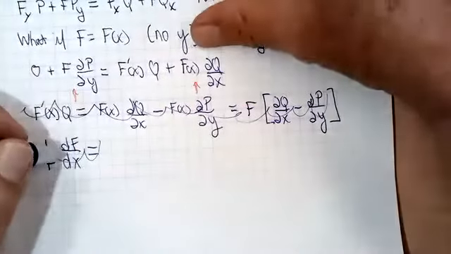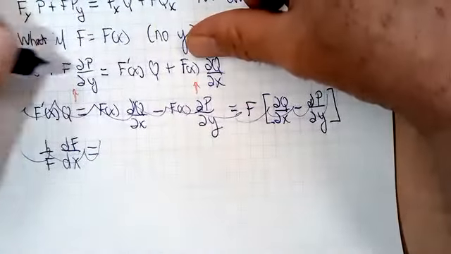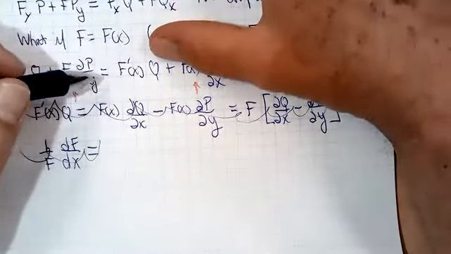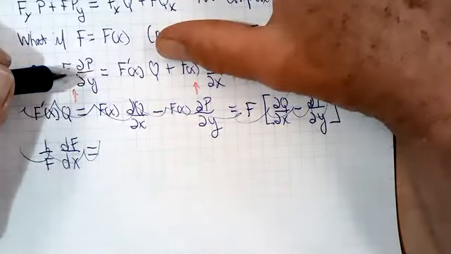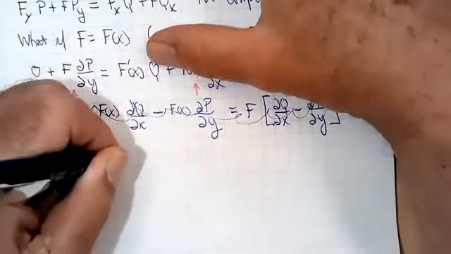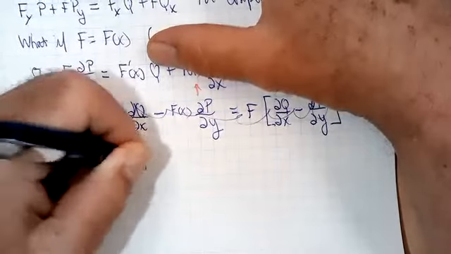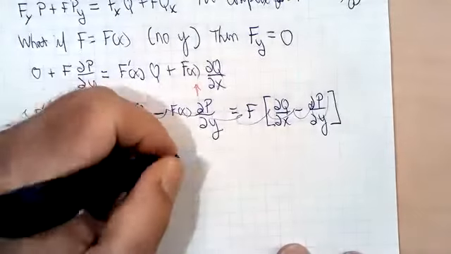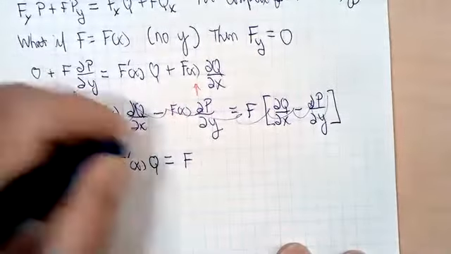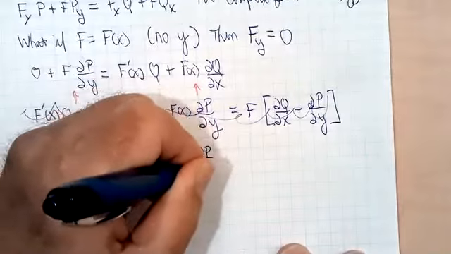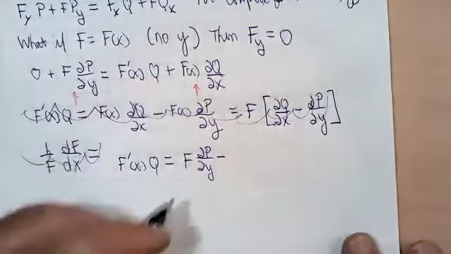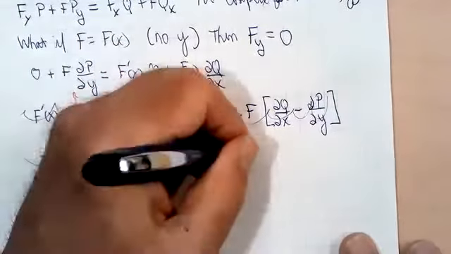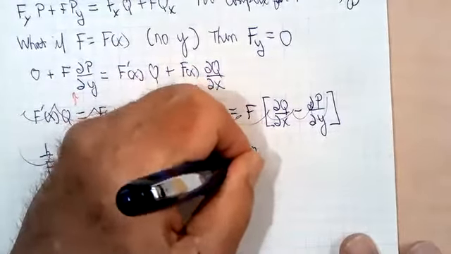All right, so I am trying to solve right now for this guy, f prime of x times q equals, then I have that on the other side, f partial p with respect to y minus, this goes over there, f times partial q with respect to x.